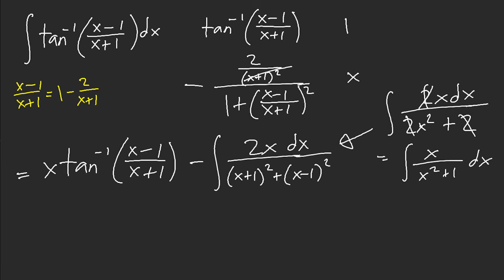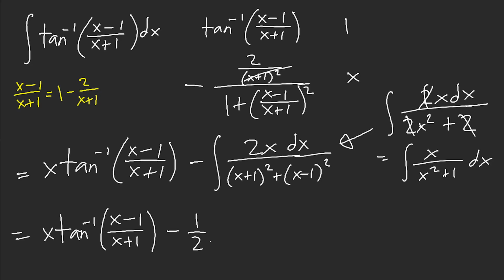Literally. How awesome. So, x inverse tangent of x minus 1 over x plus 1. And this is just, be careful, it's minus. Half of ln x squared plus 1.